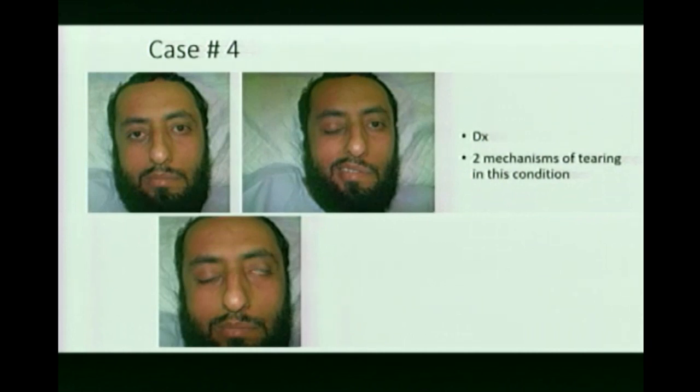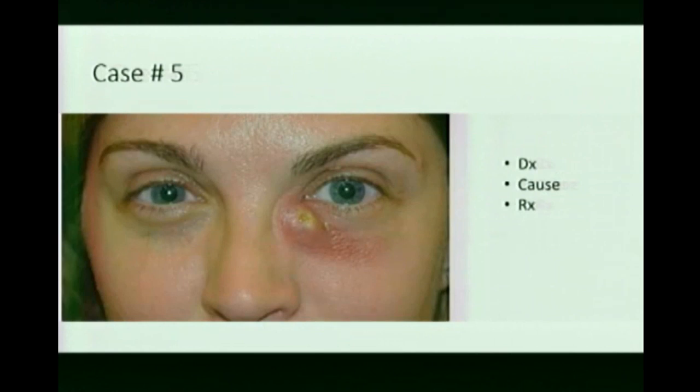Spot diagnosis, 2 mechanisms of tearing. This is the last question, again straightforward. Diagnosis. What's the cause?